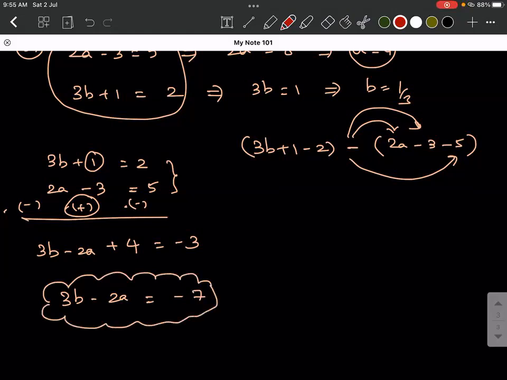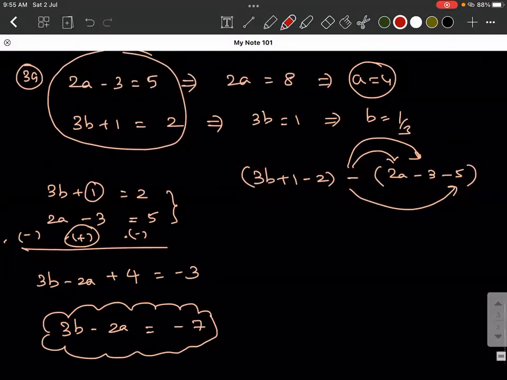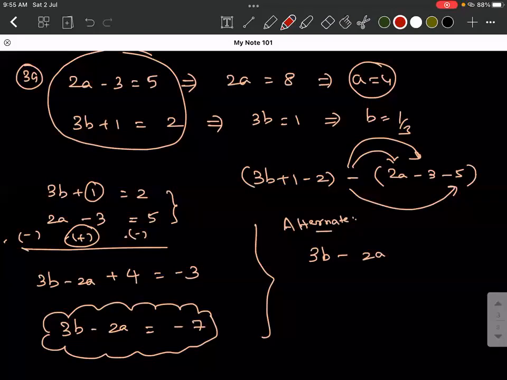Is there an option? Minus 7. Suppose you didn't get this idea. What you can do is find a separately, b separately, then you can do 3b minus 2a. This is an alternate way. Then when you do 3b minus 2a, 3 into 1 by 3 minus 2 into 4 is how much? So 1 minus 8, which is minus 7.